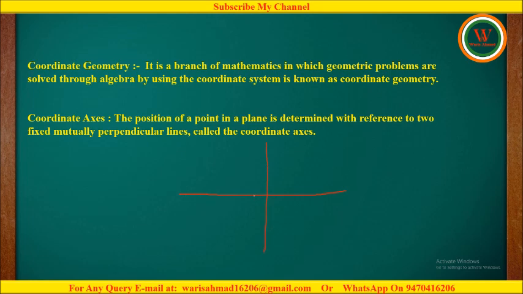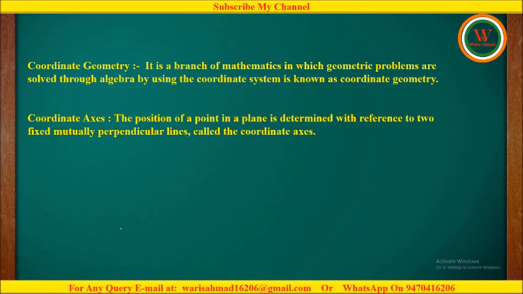This horizontal line represents the x-axis while this vertical line is representing the y-axis. The position of any point, suppose we are having a point here, is represented by these two axes, which is termed as coordinate axis.